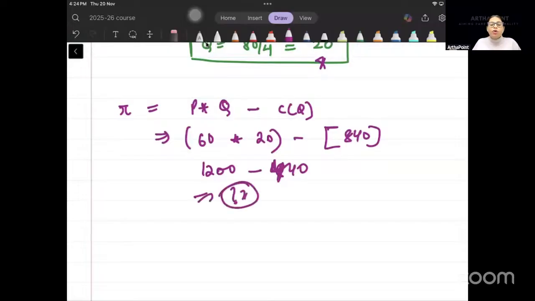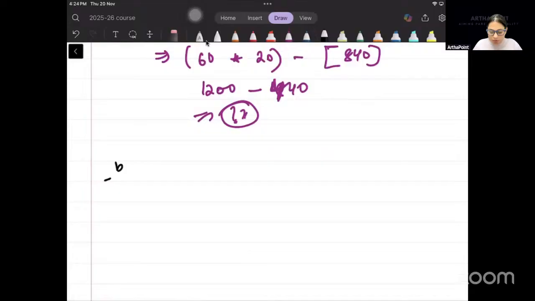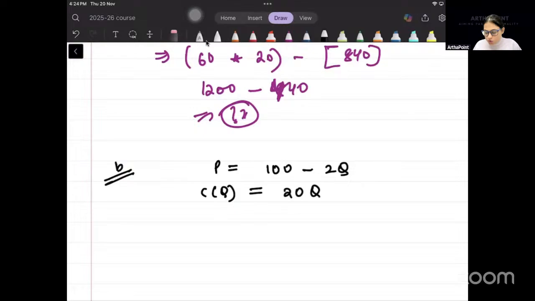Okay. One thing I have to highlight here. Listen to me very carefully. Question number 2. So P is 100 minus 2Q. Cost is 20Q plus 1400.